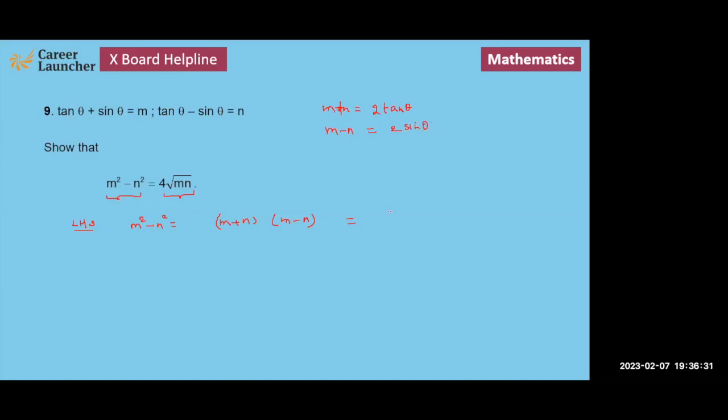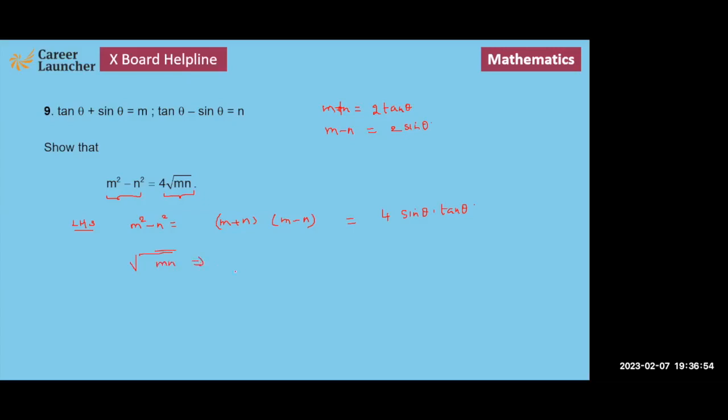So m squared minus n squared must be equal to 4 sin theta into tan theta. So that is our left hand side. Now I want to find out what is root of m into n.